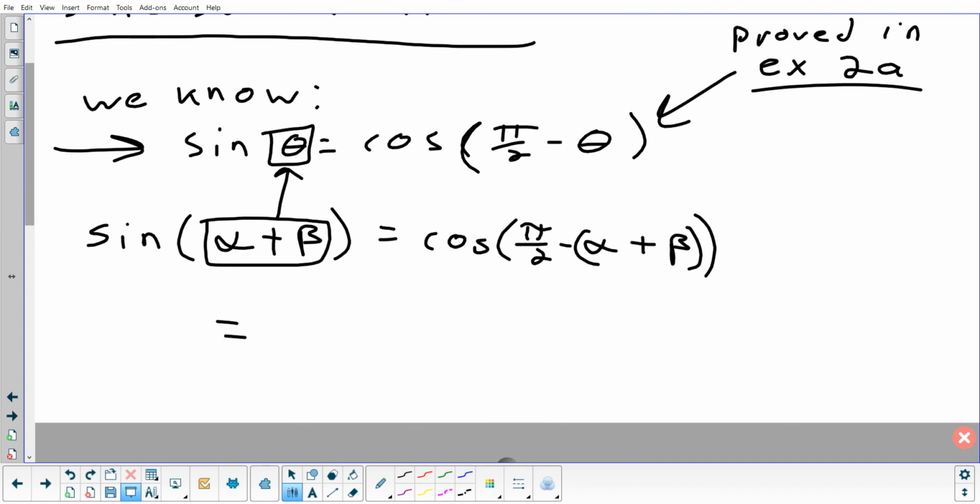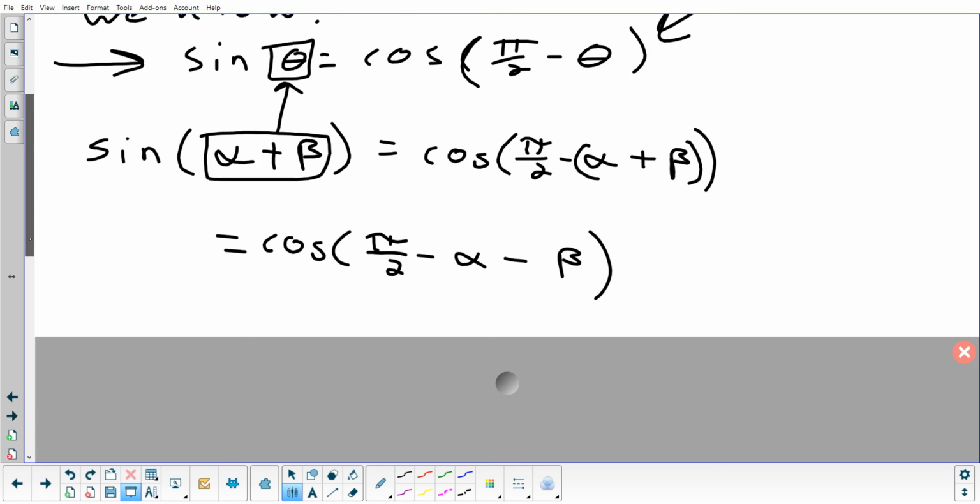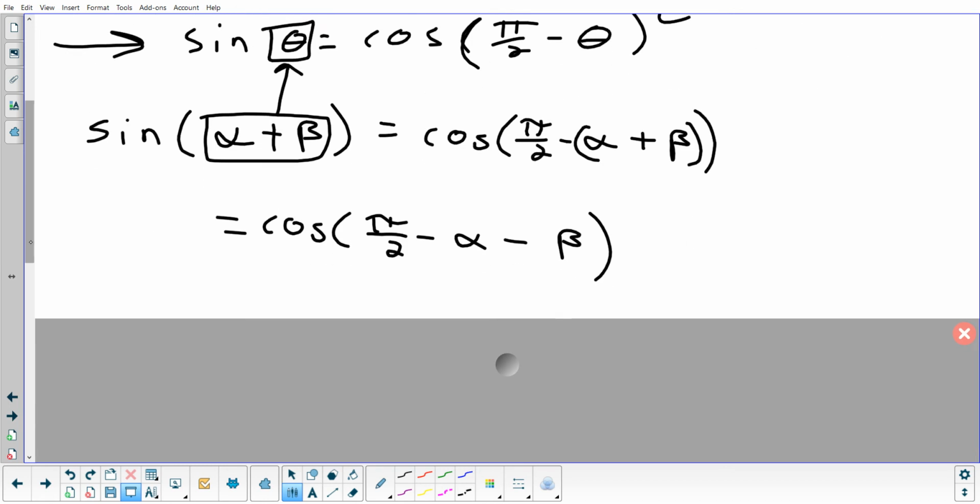Now, what do I have to do with this minus in front of the parentheses? This is why I put the parentheses there. Yeah, distribute it. So it's cosine of pi over 2 minus alpha minus beta. Now, I'm going to put boxes around this to hopefully make it make sense.